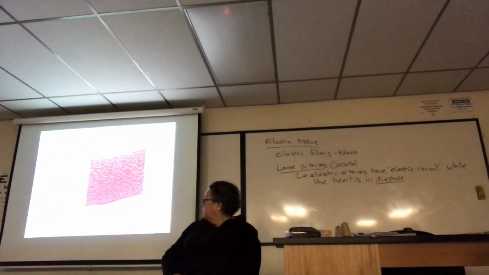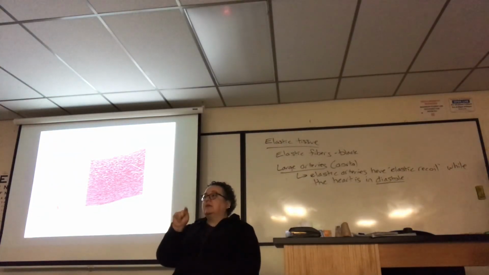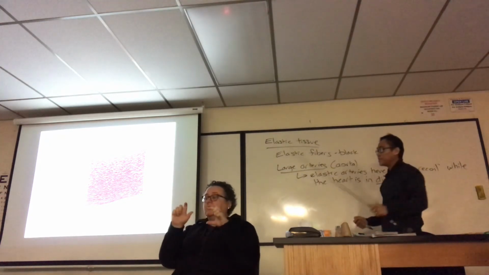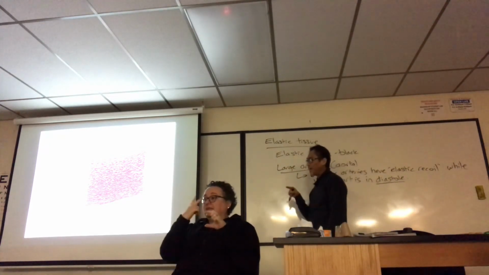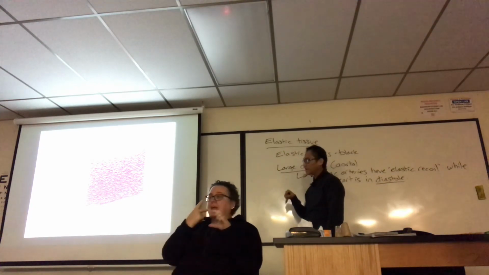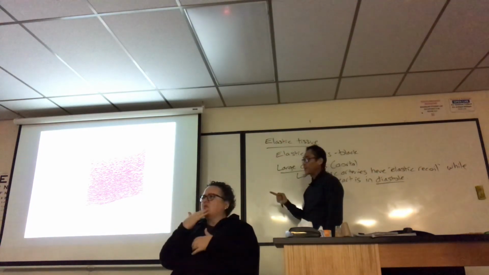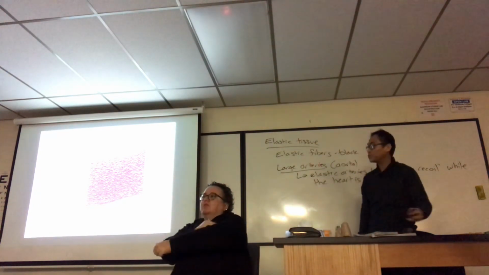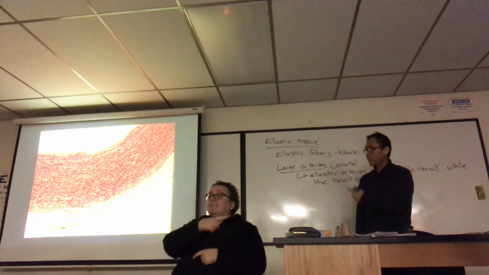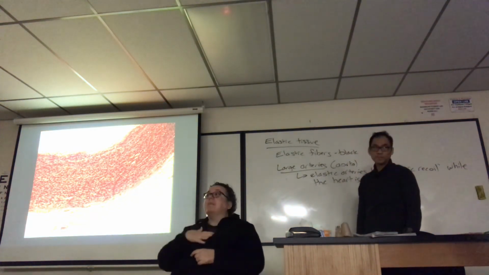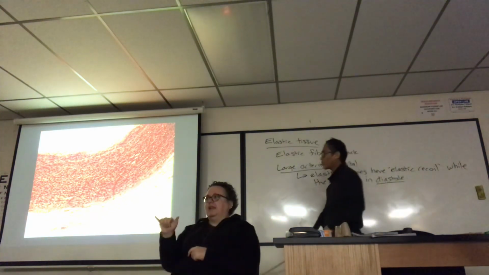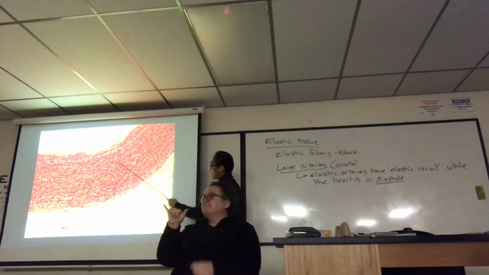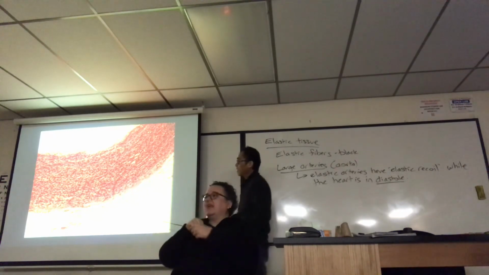The elastic fibers: if you look at that thick layer of vessel wall, I see two colors, black and pink. What color are the elastic fibers? Black. The pink is actually smooth muscle, but we're interested in the elastic tissue now. Here's a picture I took of a large artery. This outer layer has no elastic fibers, but this inner layer, called the tunica media, has a lot of elastic fibers.